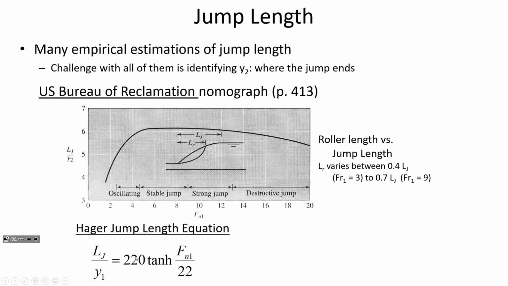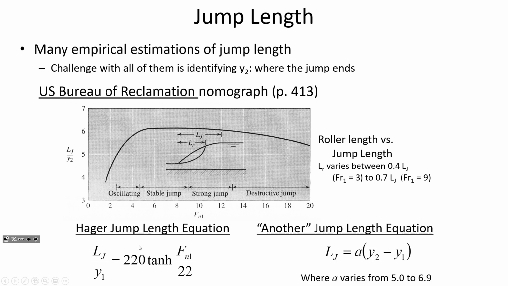So that's just another way that they've tried to use empirical observations to predict how long the hydraulic jump might be. Our book doesn't give a name to the third method they describe. It just calls it another jump length equation, and they have a coefficient that varies between 5 to 6.9 multiplied by the difference of the upstream and downstream depths.